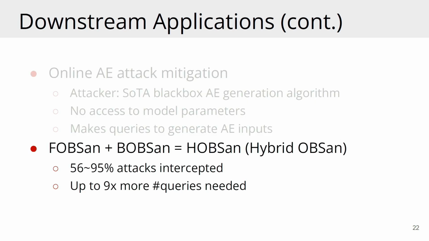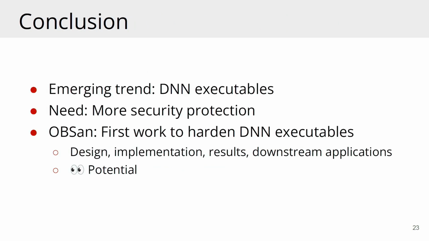To provide maximum protection, we also extend OBSan in this step, and we combine FOBSan and BOBSan together to form the hybrid OBSan. The result is that up to 95% of the attacks can be intercepted, and up to 9 times more queries are needed for the attacker to generate an AE input.